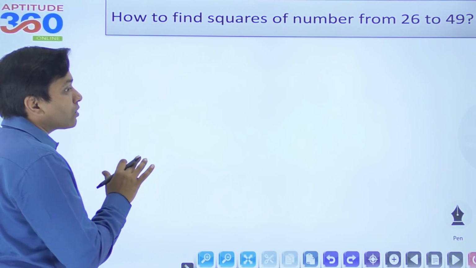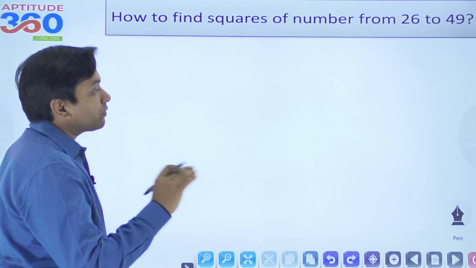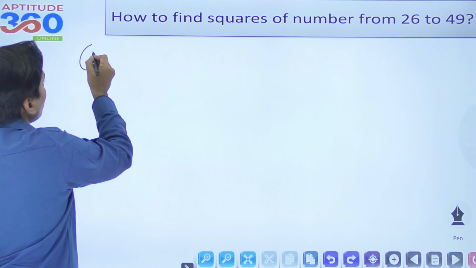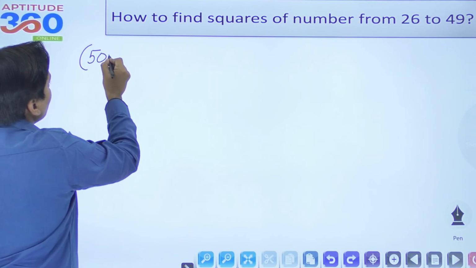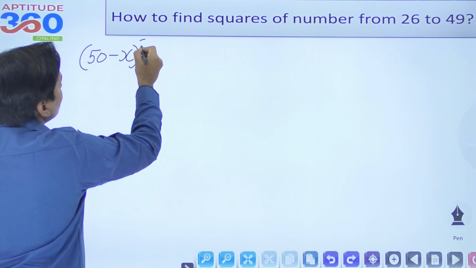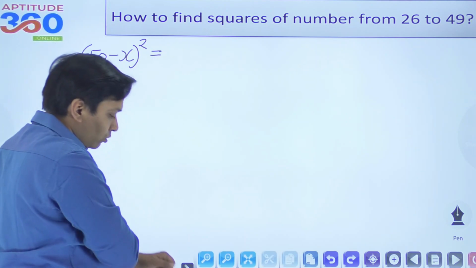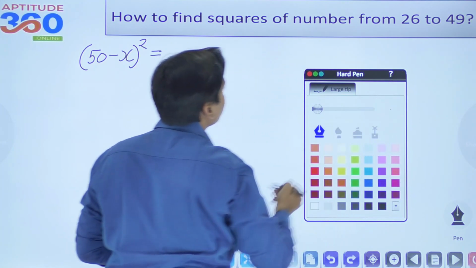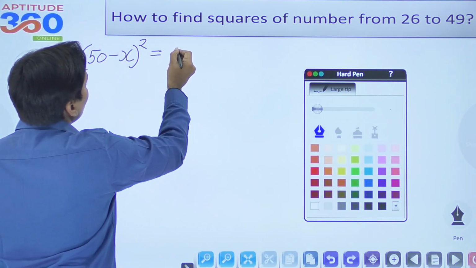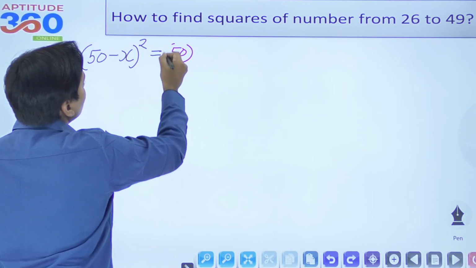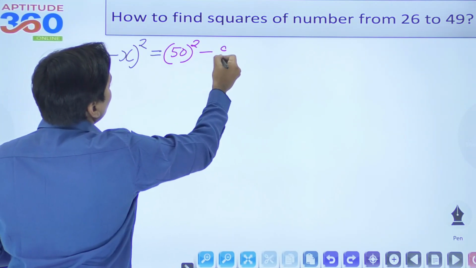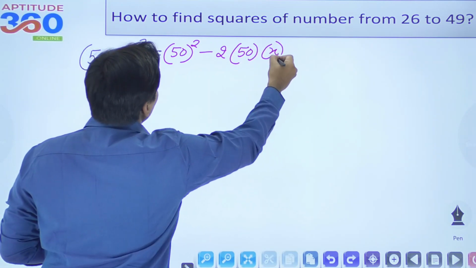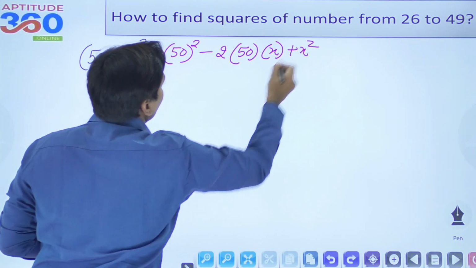I am moving ahead with the understanding that you know 1 square to 25 square. Now, see this. What if I say (50 negative x) whole square? All that I am trying to do is to find the expansion of this number. That is going to be 50 square negative 2 times 50 and x, and then x square.